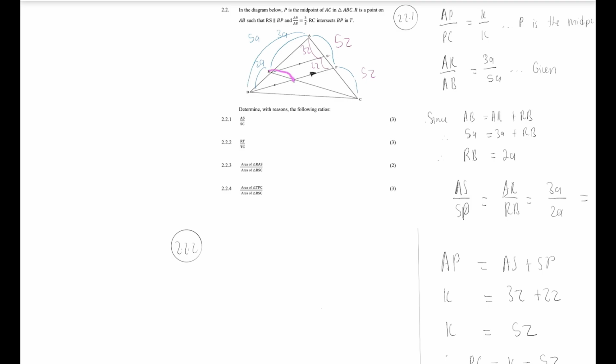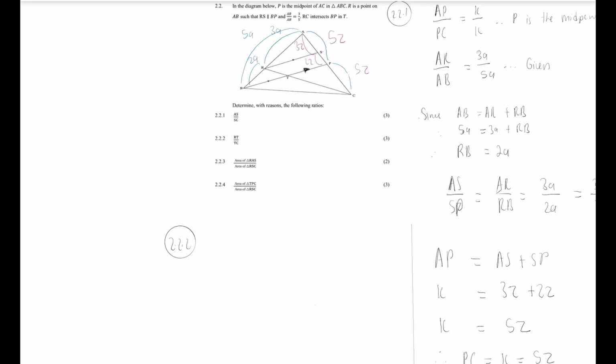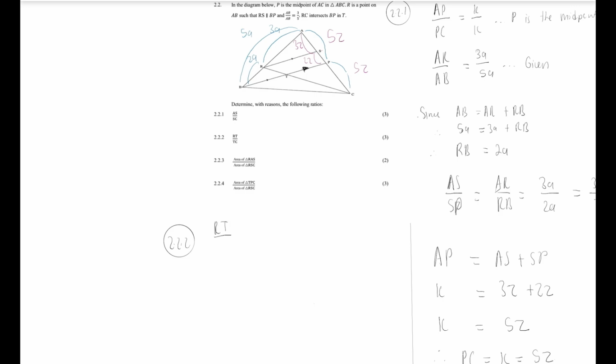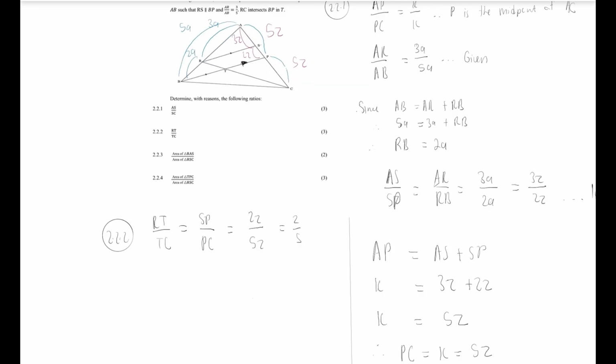RT over TC. Okay, so you already know that your RT over TC is going to be equals to your SP over PC, and your SP is 2Z, and your PC is 5Z, right? So therefore I'm going to say my RT over TC is equals to my SP over PC, and this is 2Z over 5Z, which is 2 over 5.